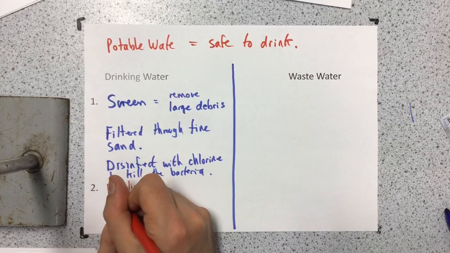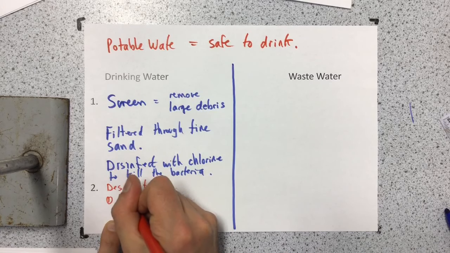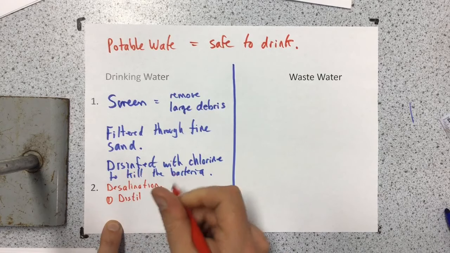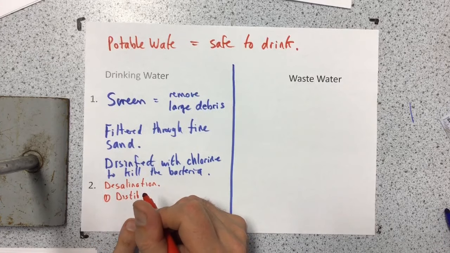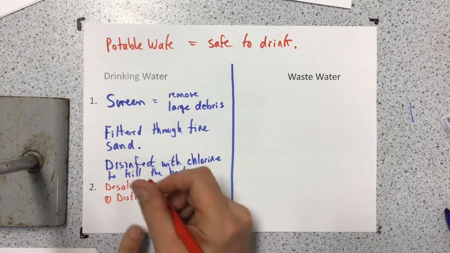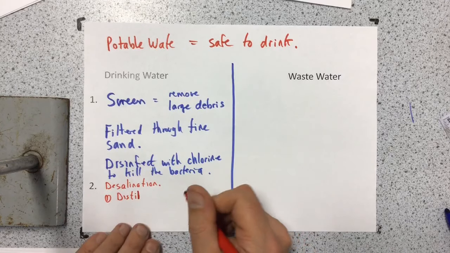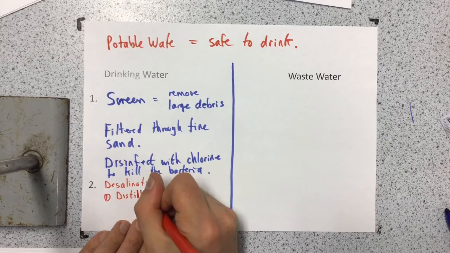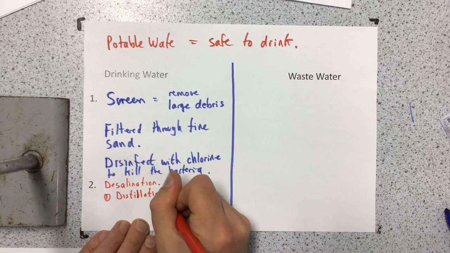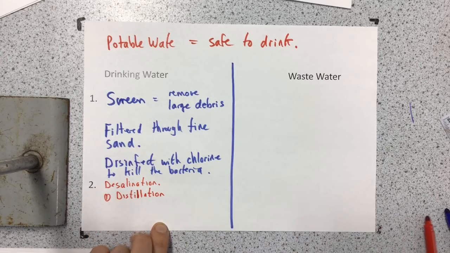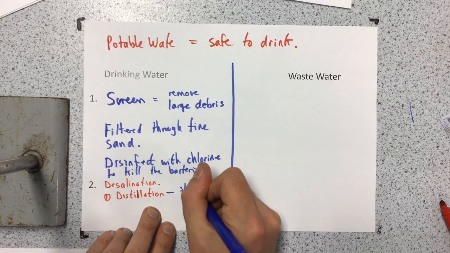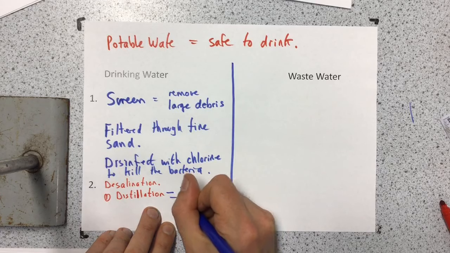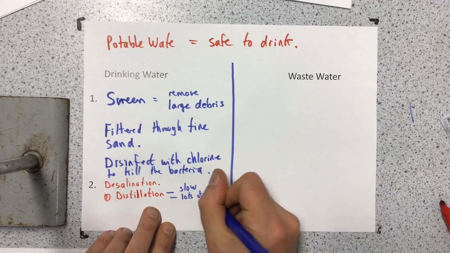Number one is we can distill the salty water, okay, and that will leave behind the solid salt, and you will collect the steam and you will condense the pure water. The only problem with that is it is very slow and it uses lots of energy.